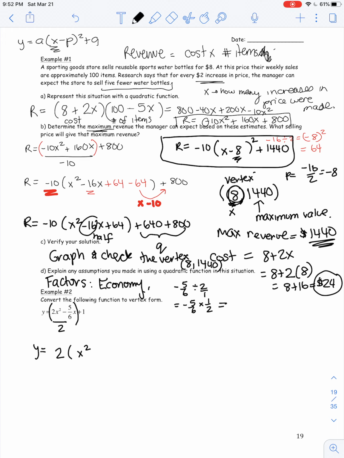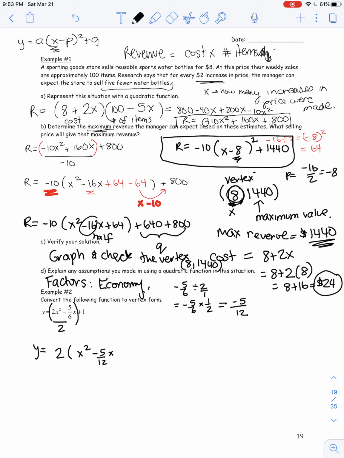When we multiply, we always multiply the tops together. So it'll be negative 5 times 1, which is negative 5. And 6 times 2, we multiply the bottoms together to get 12. So that is our new bx value that we need to include.